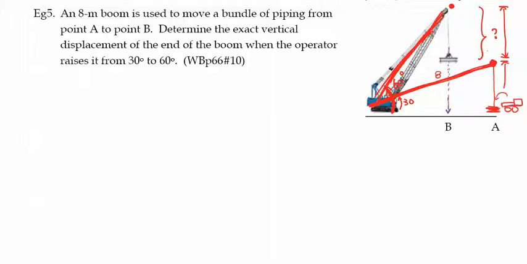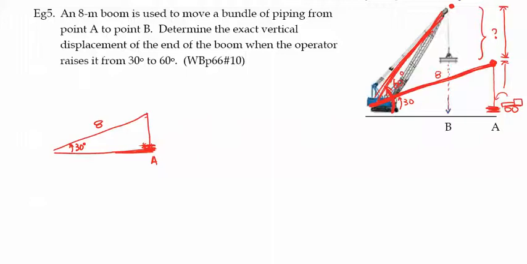In this picture, we have two different triangles. The one that comes with 30 degree at the beginning, you have your 8-meter boom trying to carry the pipes at point A. These are the pipes at the beginning, and this is 30 degree. 8-meter boom.